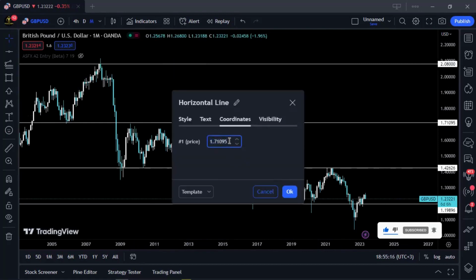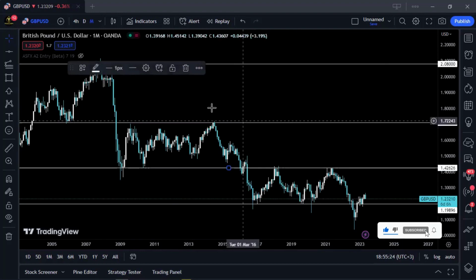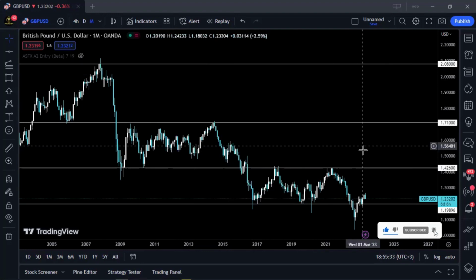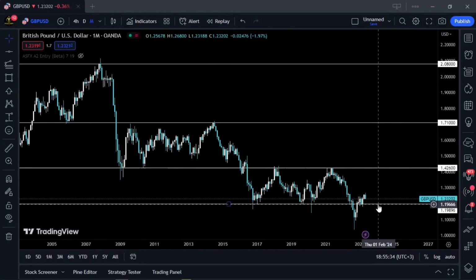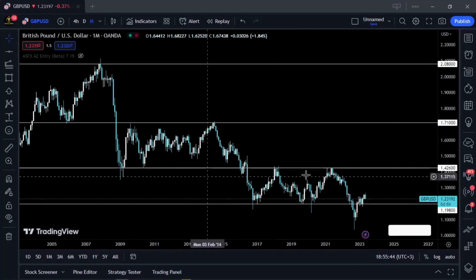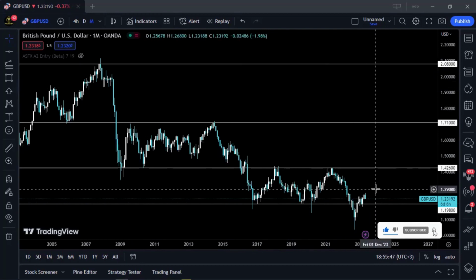About 7100 right there. Somewhere here it will be about 42,600 right there. And then the last but not least, we got 19800. So after rounding them off like that, those are your psychological key areas in GBPUSD.